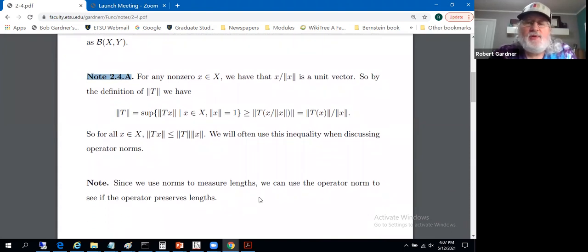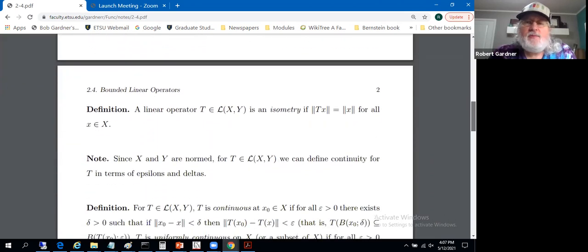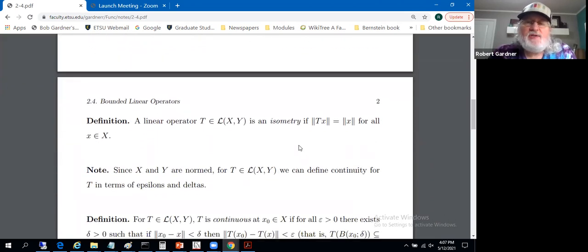We use norms to measure lengths, so we can use the operator norm to see if operators preserve lengths. It turns out, to get a definition of an isometry, take a linear operator T mapping normed linear space X to normed linear space Y. That's the meaning inherent in all these symbols.